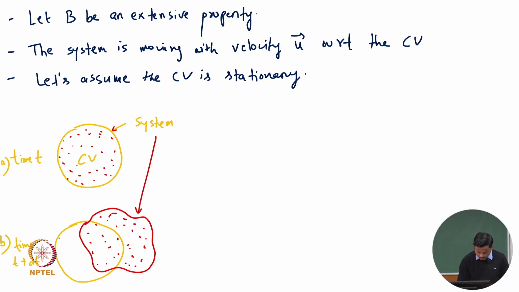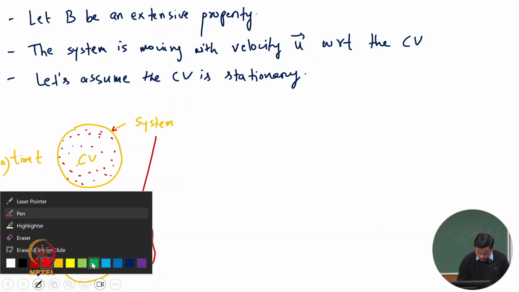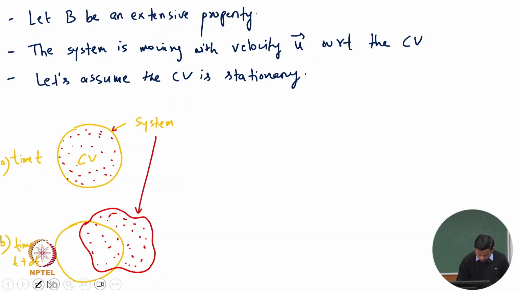So let's mark these variables. Let's say this is point A, this is point D, and let's say the point where it intersects is C, and there is a point E on the control surface.